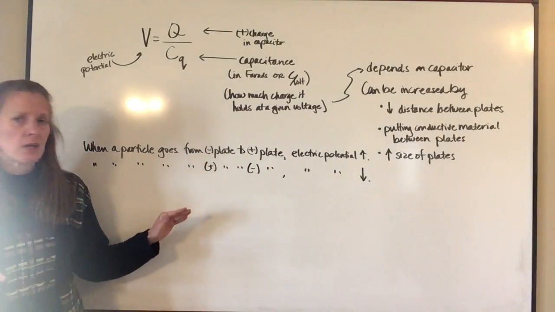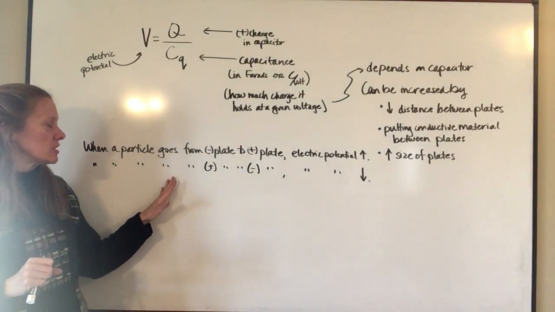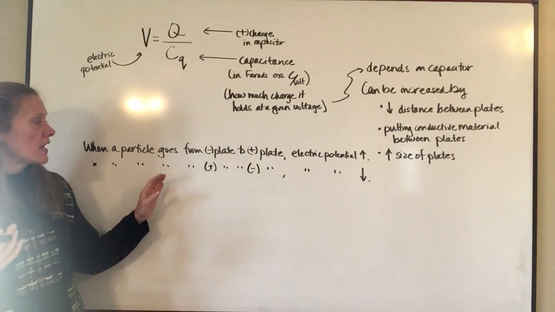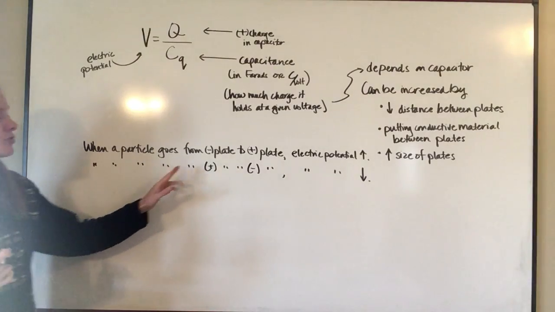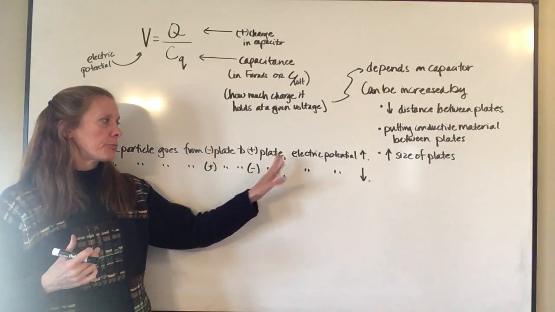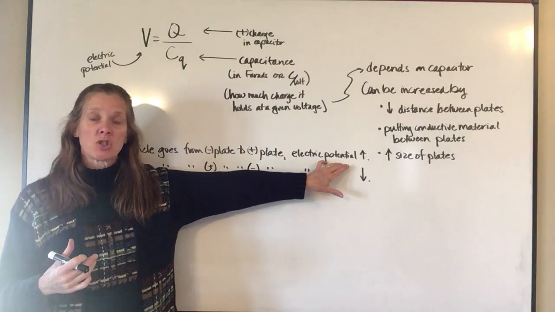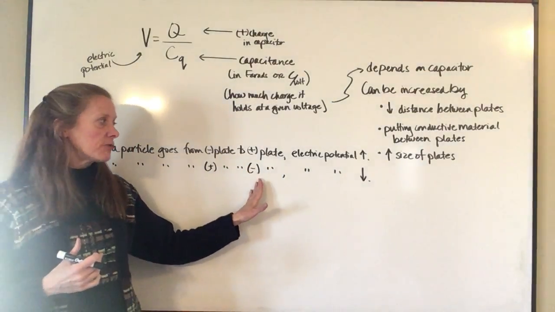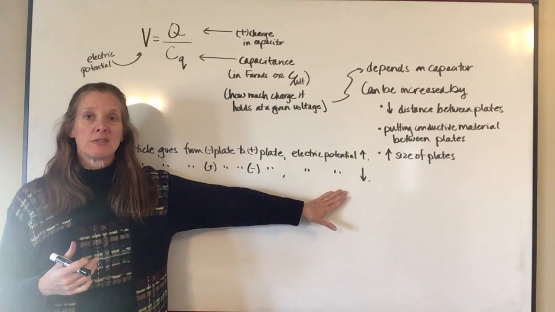The other thing that he specifically mentions that you need to keep track of in your head is that if a particle goes from a negative plate to the positive plate, the electric potential is going to go up. And if a particle goes from a positive plate to the negative plate, the electric potential is going to go down.